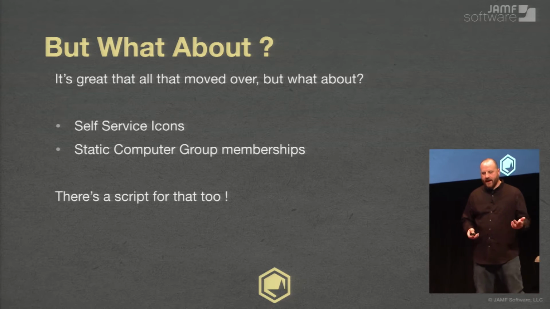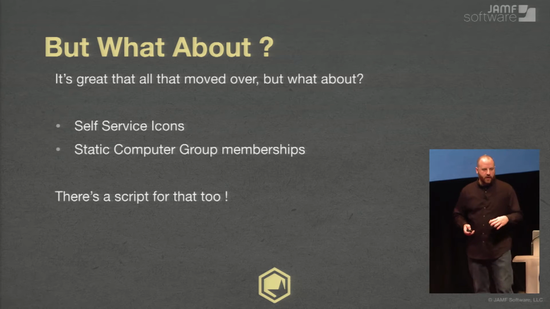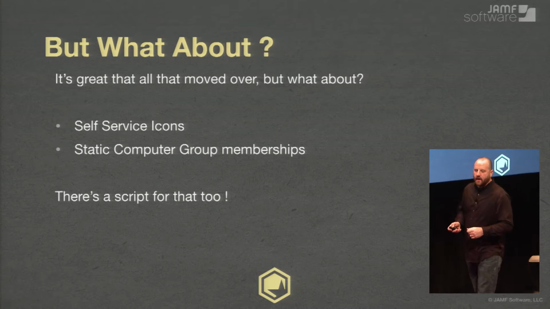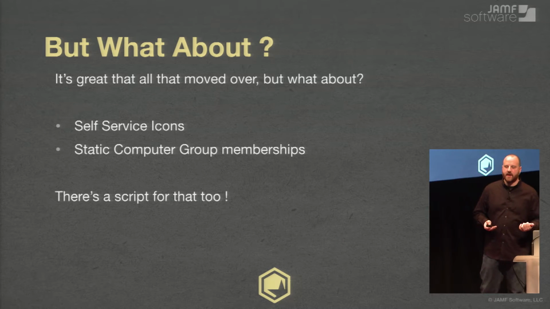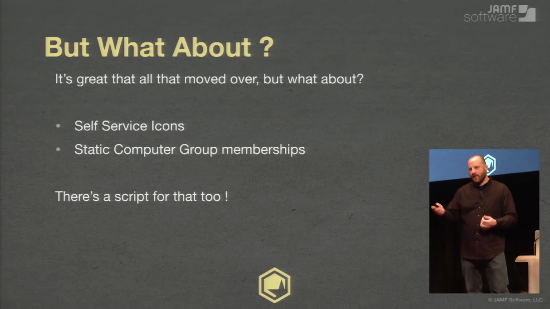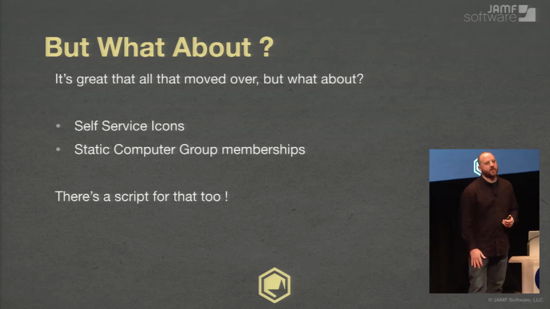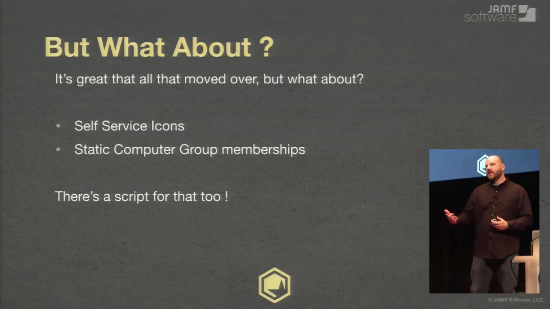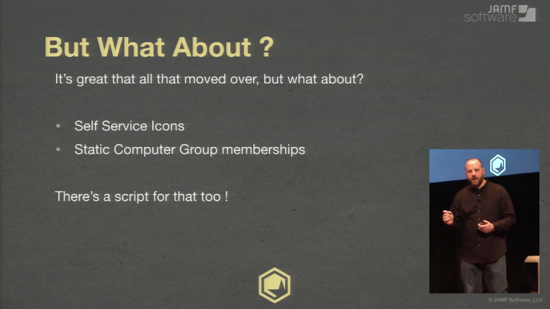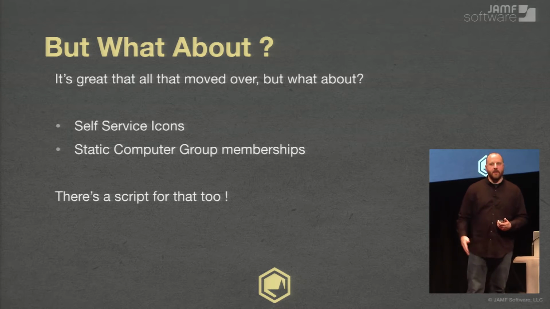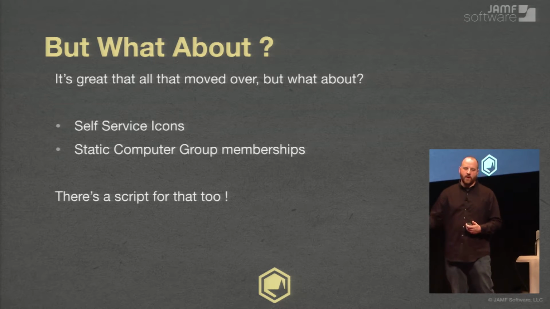So for self-service icons, I'm going to demo a really quick script that's available on the same GitHub repo. Which just downloads the icons from the old JSS. Unfortunately, you have to manually upload them to the new one. But the cool thing about the script is that, I don't know about you guys, but when we've created self-service policies over the years, we end up with duplicates in there, and some are slightly different than the others, but they'll have the same name, and they might have different resolutions or what have you.